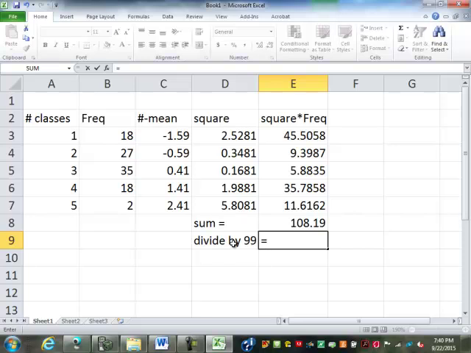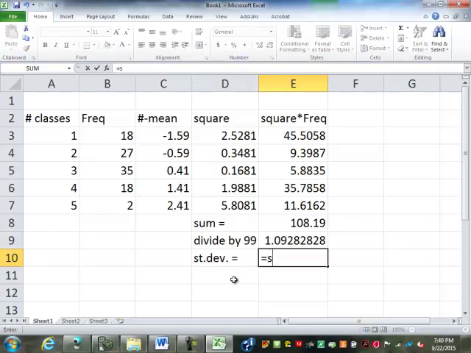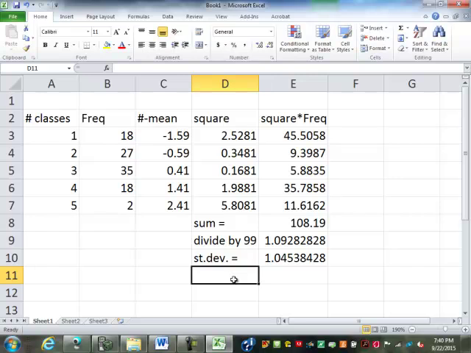So n is 100, so we're going to divide by 99. And then the final step, find the standard deviation. We're taking the square root. So 1.04, 1.05 is the standard deviation of this set.